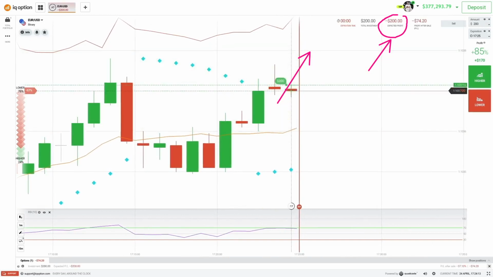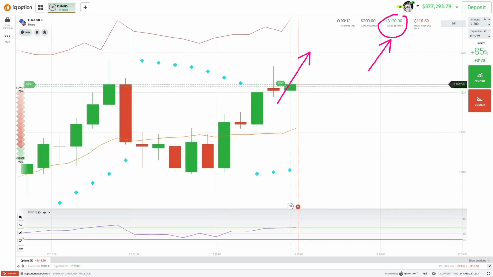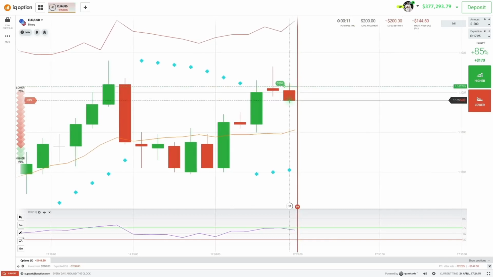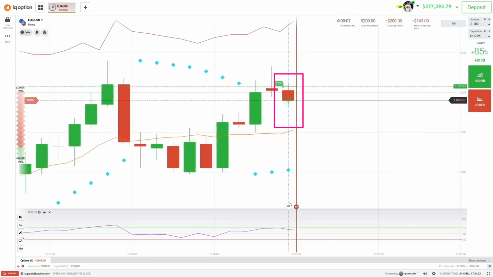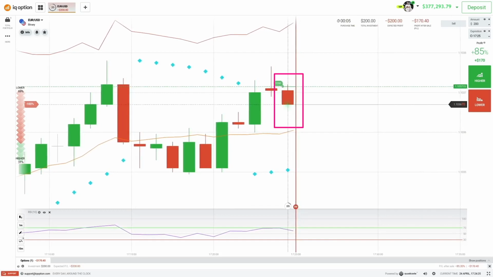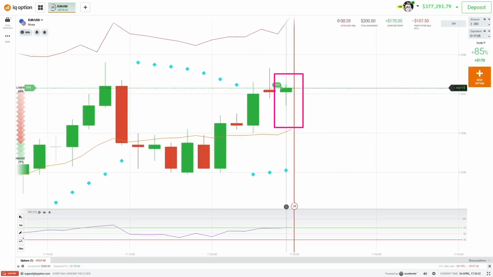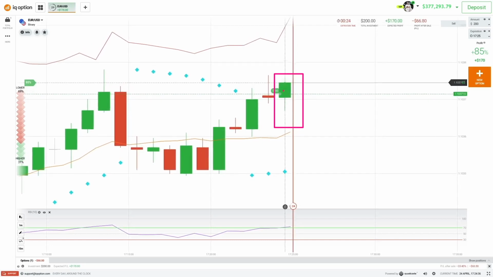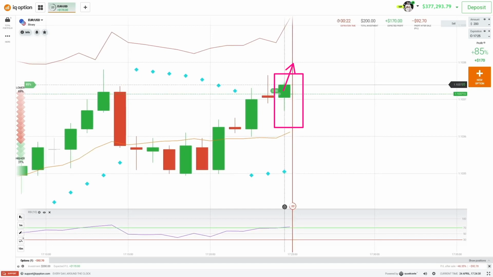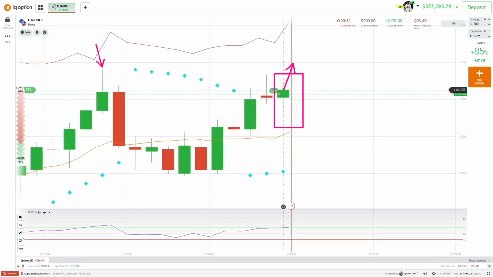So here I must have a green candle. If I have a smaller green candle, I could lose my money, you know. But I'm sure this one is going up. Don't worry, this one is 100% going up. So what's happening here?